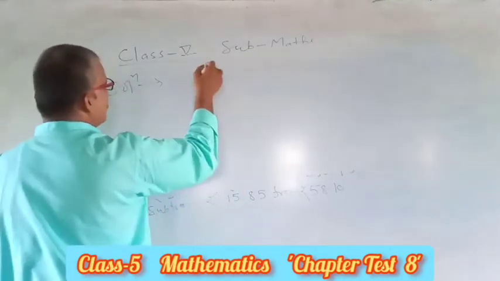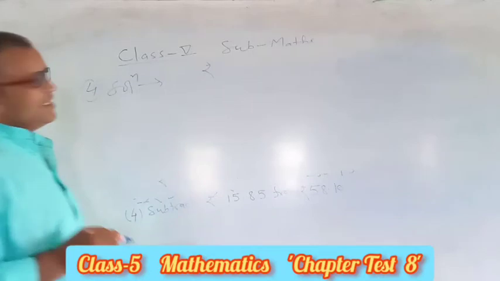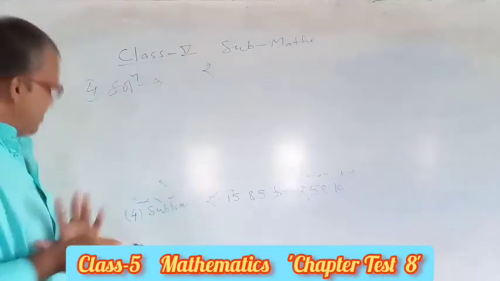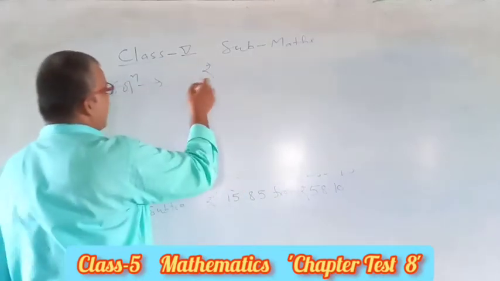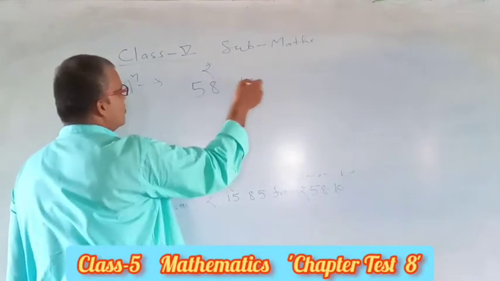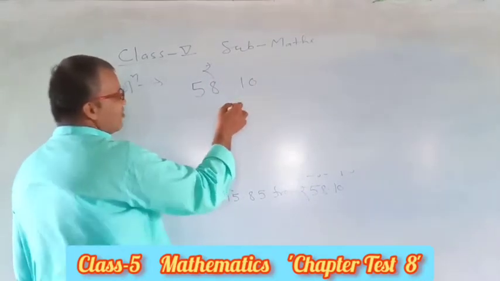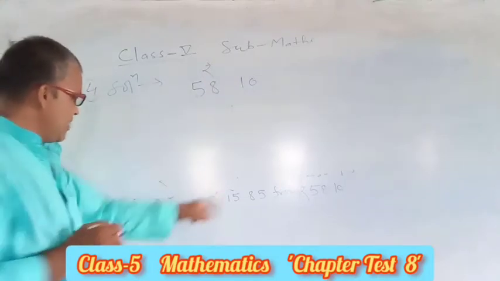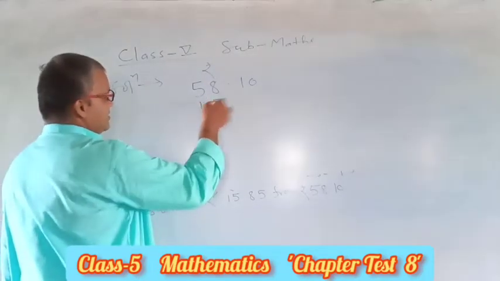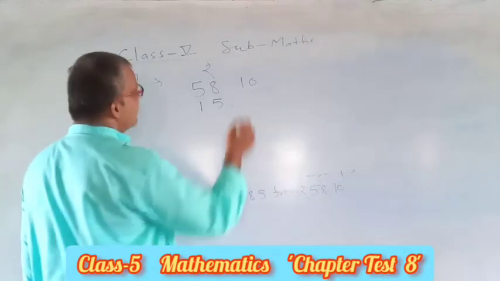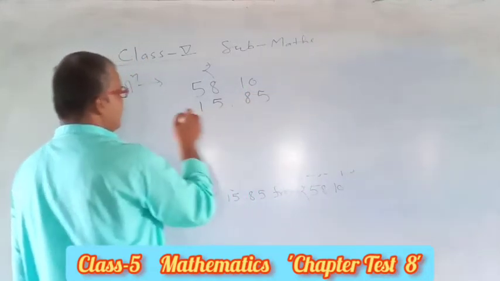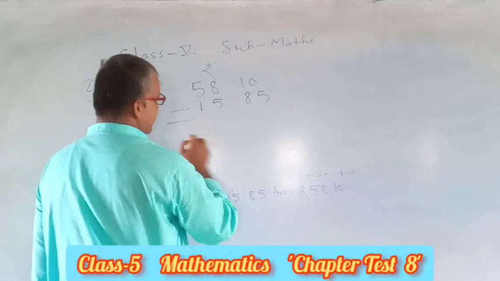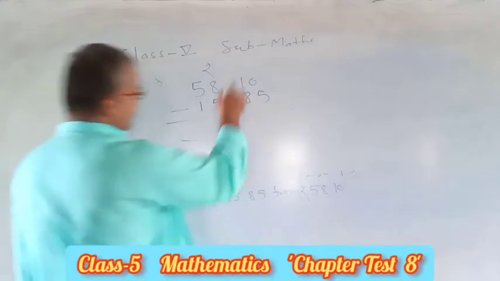At first we write the rupee symbol, the international symbol of rupee. 58.10. The decimal will be written beneath the decimal. This 15 is written here and this 85 is written here, with the minus sign, and point beneath point.